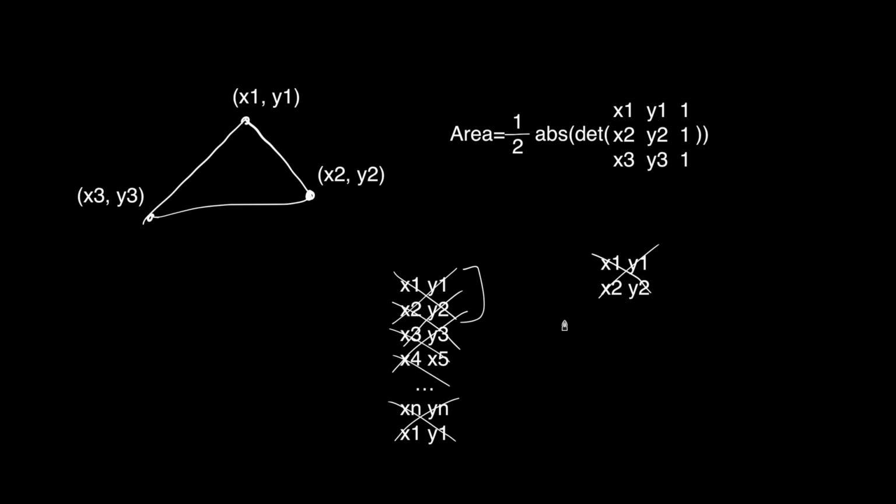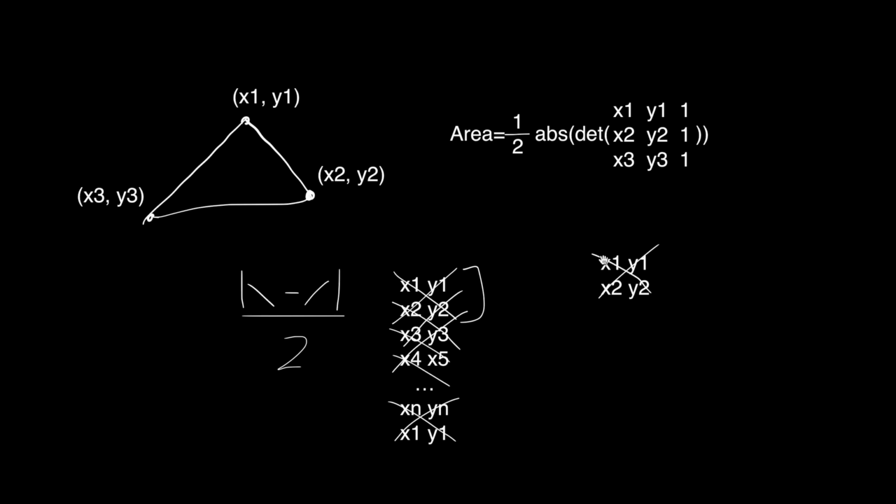And oh, by the way, when you do this minus this over 2, I forgot to mention that you need to put these in absolute values because it might be negative.